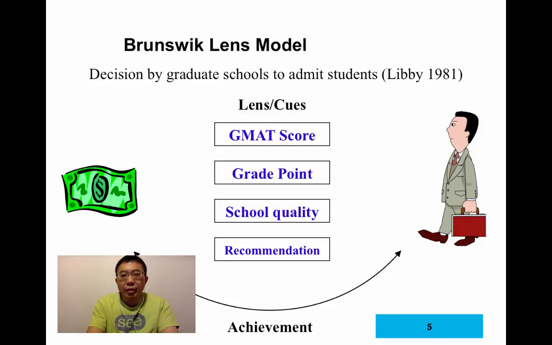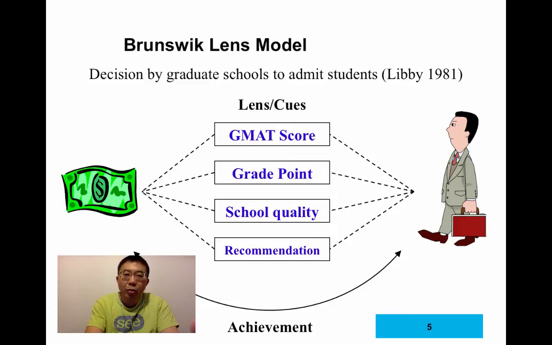So this is the model that is typical of this sort of behavioral accounting research. The idea is, how do we decide which of these measures would be the best measure so that you'll have the best chance of success in terms of getting the highest salary, for example? So what we want to know here is, is GMAT score better than grade point, or is grade point better than school quality? So how do we know that?